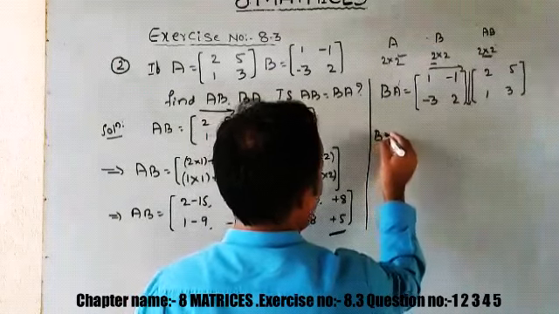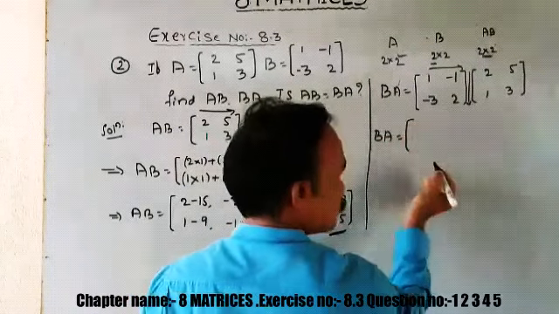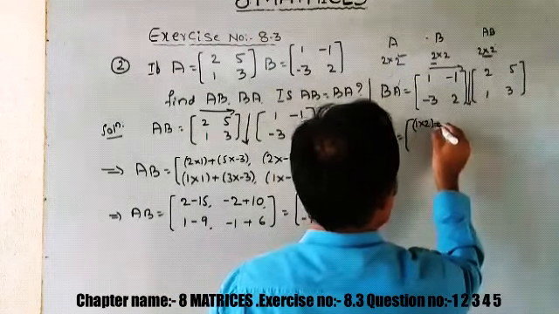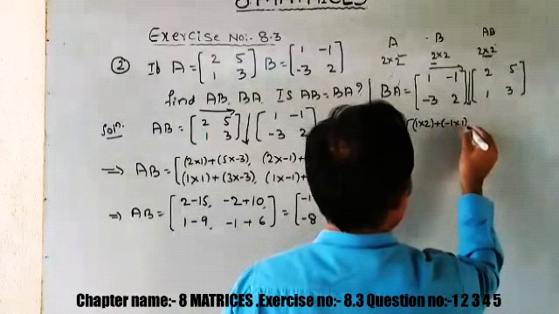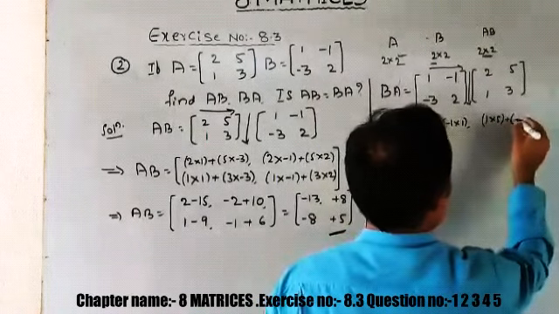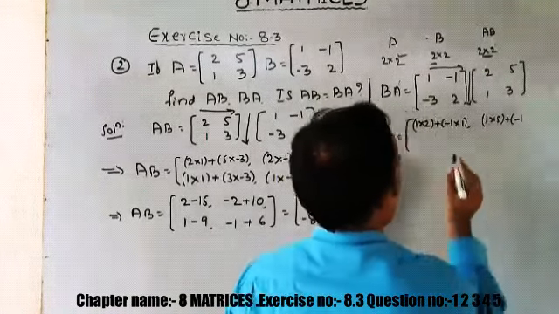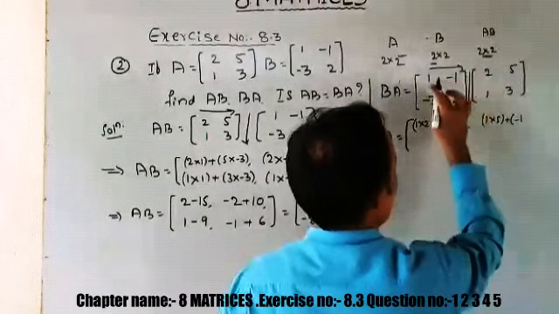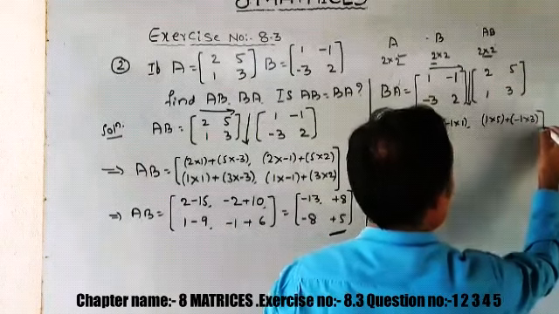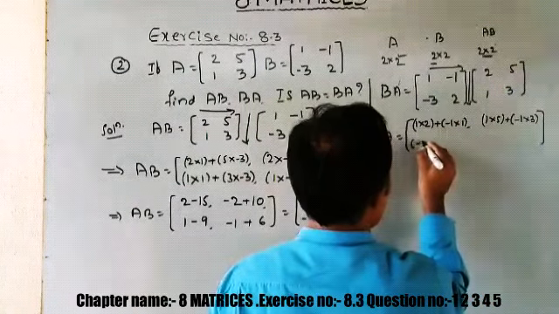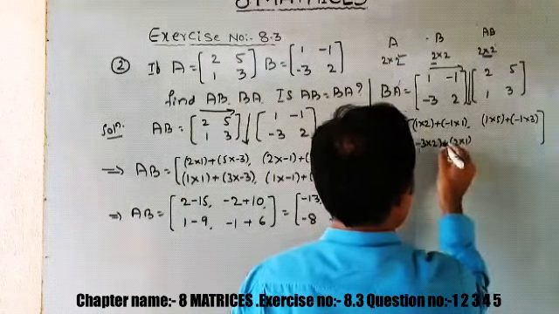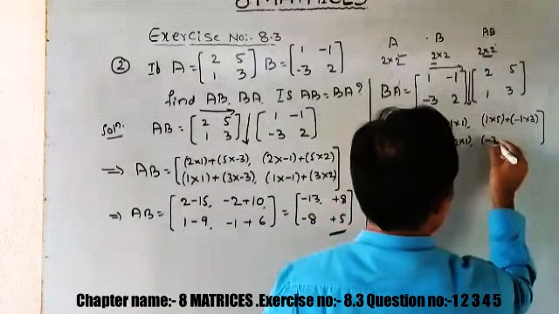So BA is equal to 1 into 2, plus minus 1 into 1, comma, 1 into 5, plus minus 1 into 3. Next, minus 3 into 2, plus 2 into 1, comma, minus 3 into 5, plus 2 into 3.